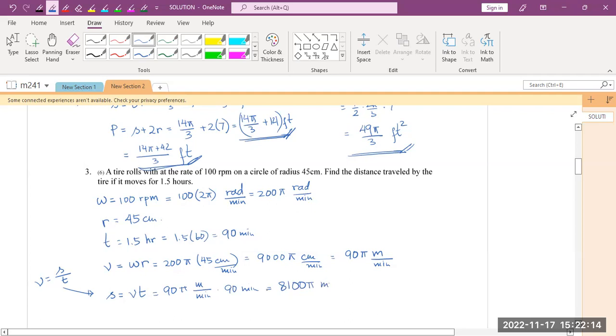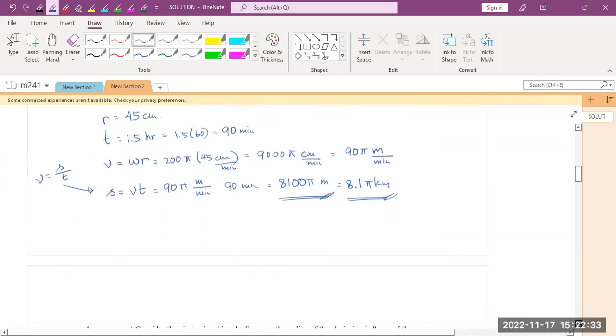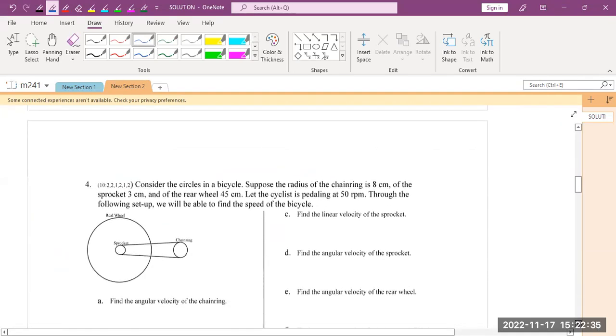That's actually pretty far, huh? That equals 8.1 pi kilometers. You can just leave your answer in meters if you want, or even in centimeters, but of course in centimeters the number will be a lot larger. Let's go on to the next page. Oh, this is a good question here.